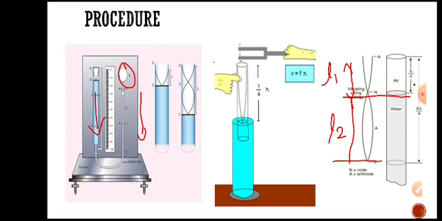For example, if the first length occurs at 16, then the second length will be approximately near 48, because it is observed that the second length L2 is slightly greater than 3 into L1.